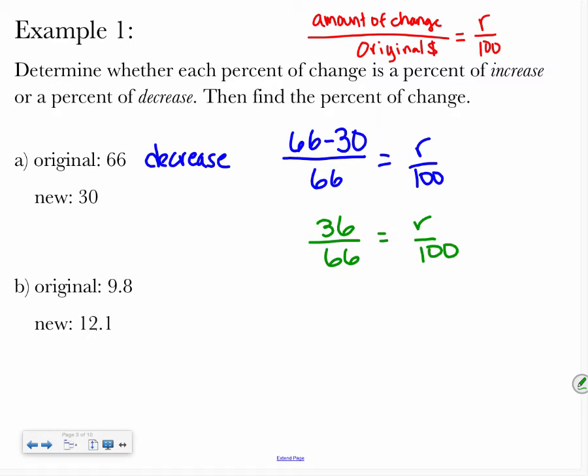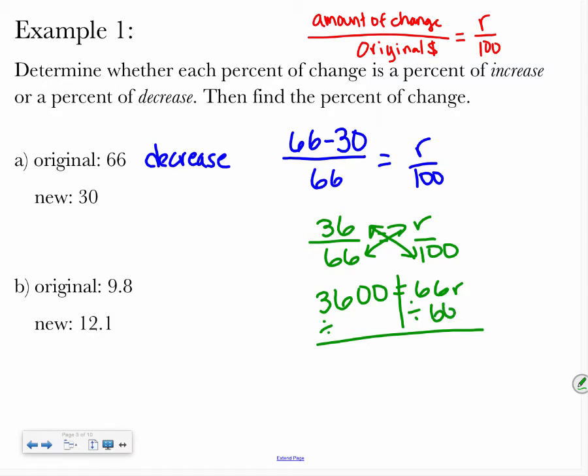And if I cross multiply, I'm going to have 3,600 equals 66r. And if I divide both sides by 66 in order to get r by itself, I'm going to end up with r being approximately 55.